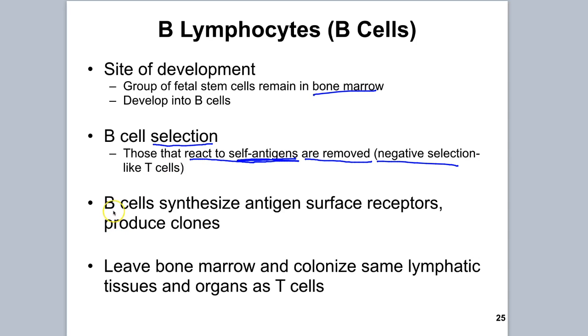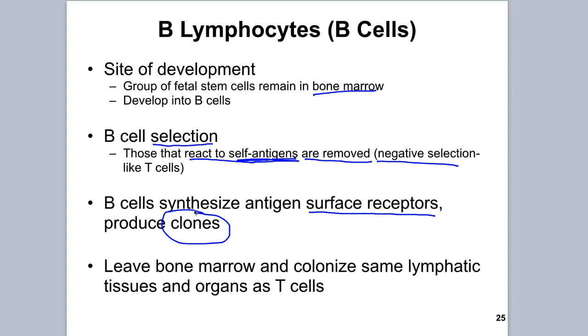The B cells also, like the T cells, have surface receptors that can recognize foreign antigens. And these B cells are going to produce clones. They're going to multiply, just like the T cells did, so we're going to get lots of copies of them.